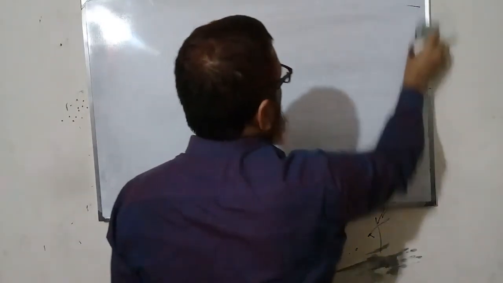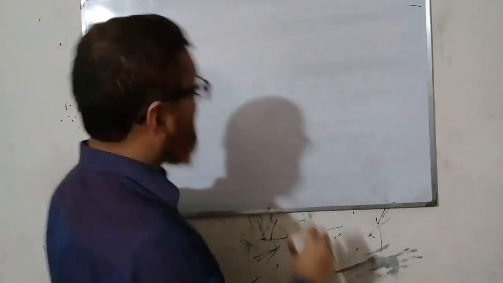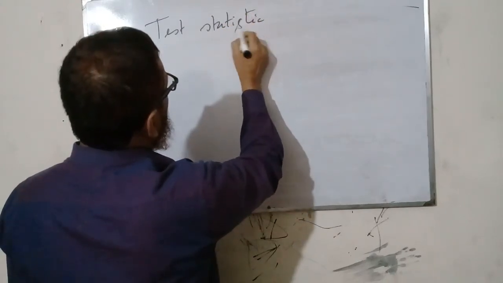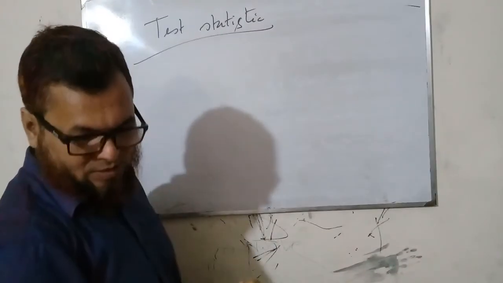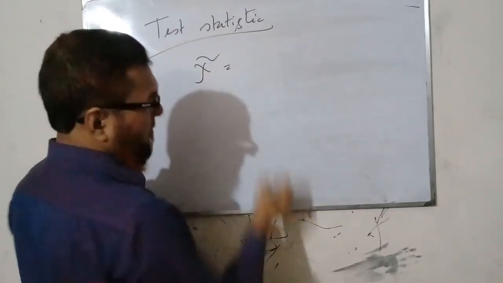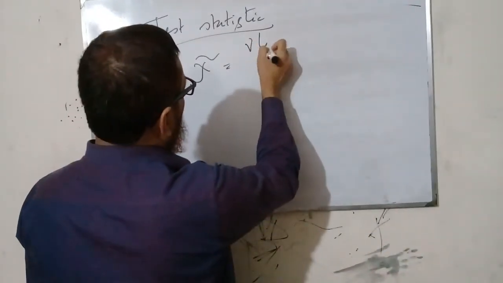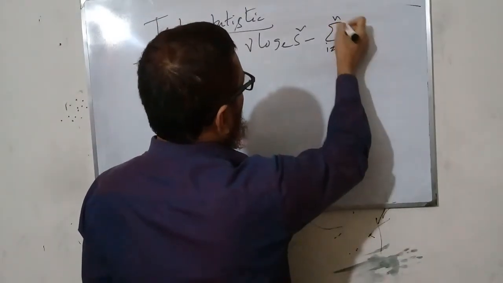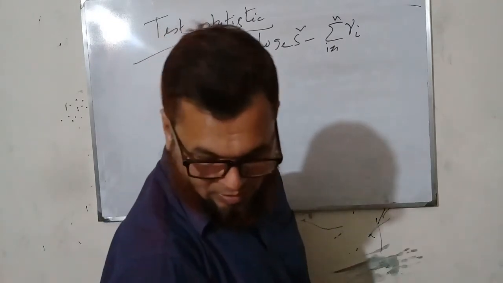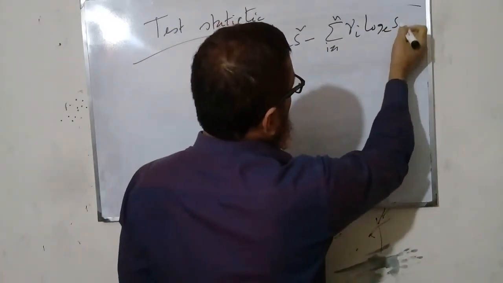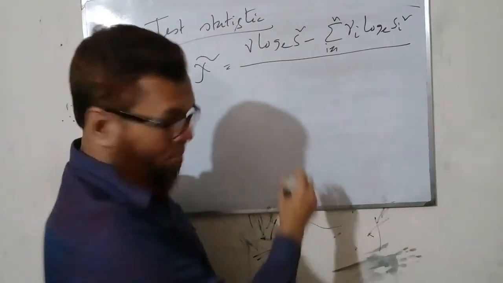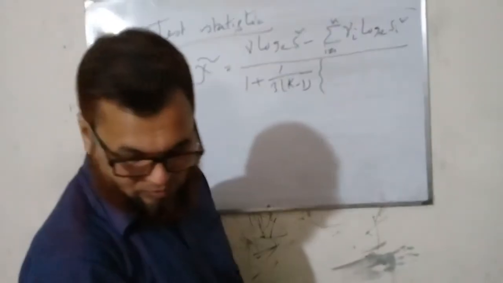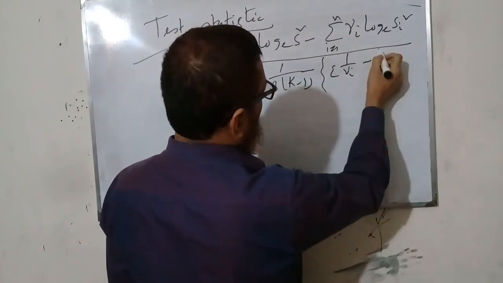Next, the test statistic. The appropriate test statistic is chi-square, which is equal to the quantity nu log s square minus the summation of nu i log s i square, divided by 1 plus 1 by 3 times k minus 1 times the summation of 1 by nu i minus 1 by nu.